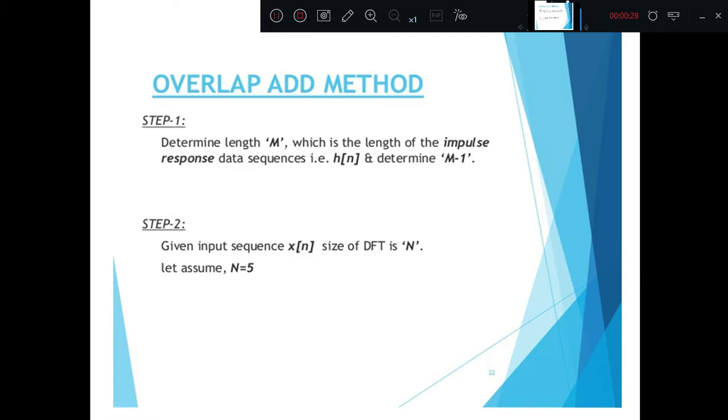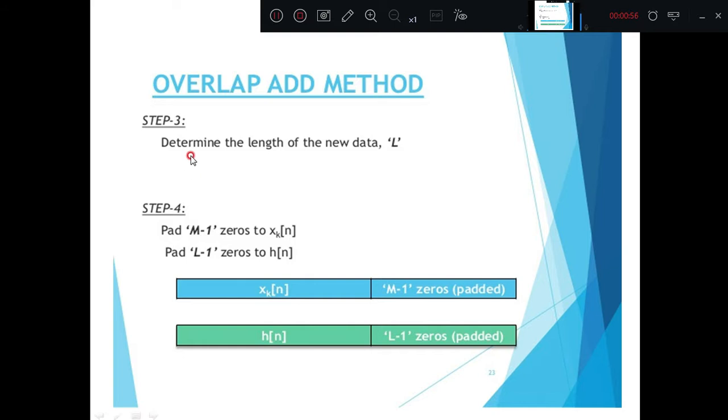In this, step 1 is, again, you have to determine the length M, which is the length of the impulse response h of n. Then determine M minus 1. Next, when the input sequence is x of n, assume the size of DFT is N. Then determine the length of the new data.